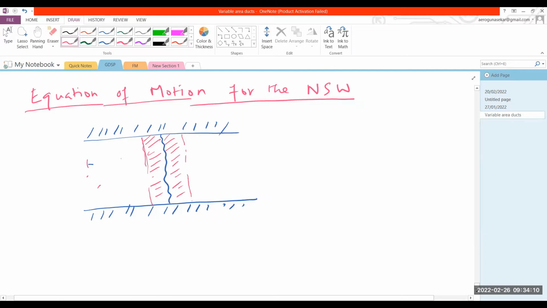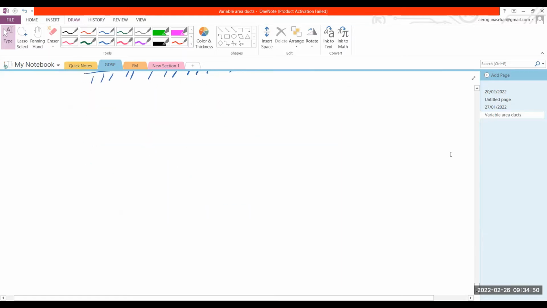Suppose I am considering the flow away from these non-equilibrium regions, where the flow is taking place before and after the shock wave. Then within this region, if you are not considering the non-equilibrium regions, we can apply the equations of motion, whichever we use for other processes.